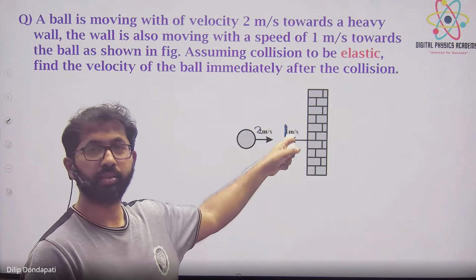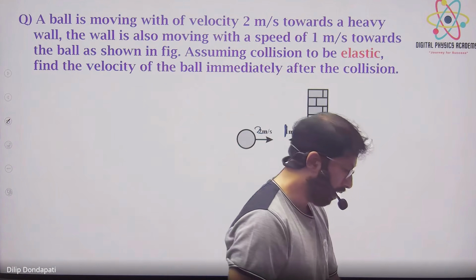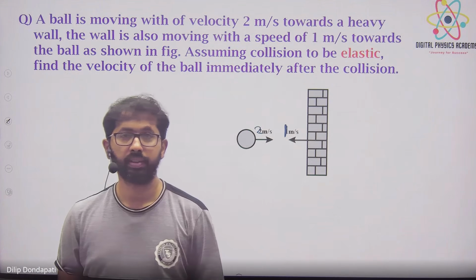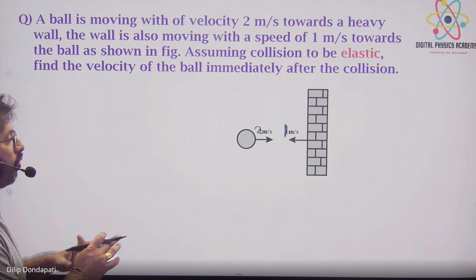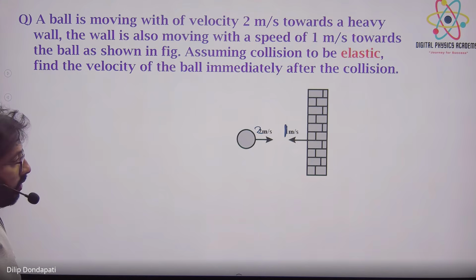Sir, would we get it in terms of e? No, a number will come. The method can give the same answer, but you apply that concept only in the rest case. So they didn't give mass, right?